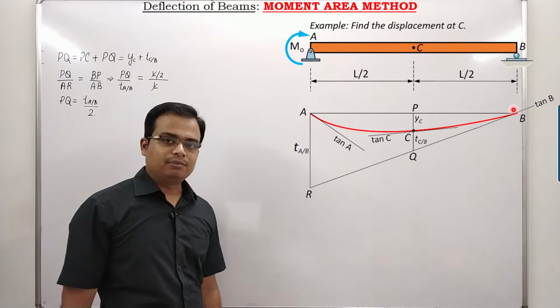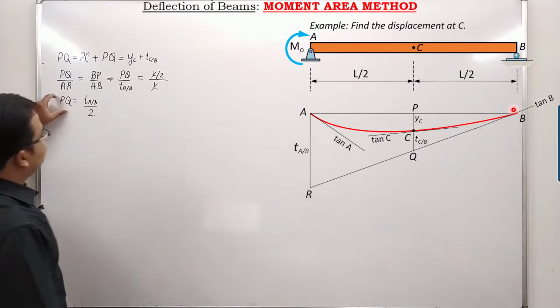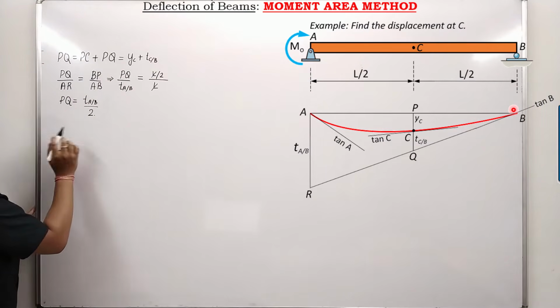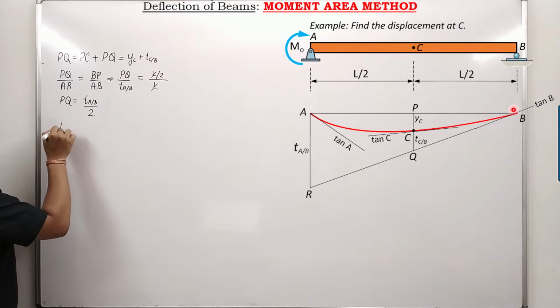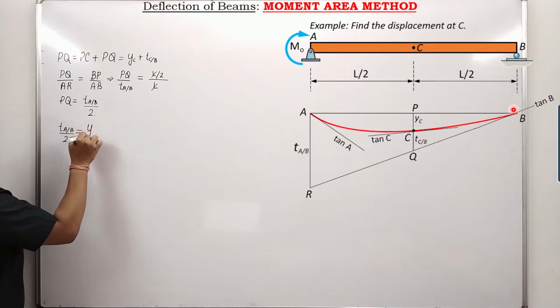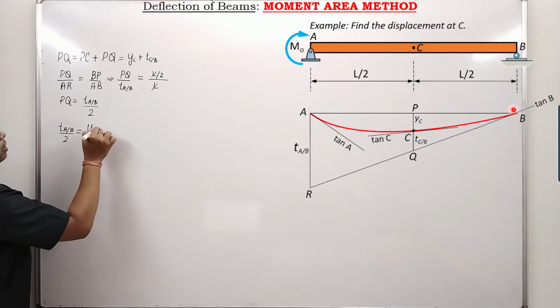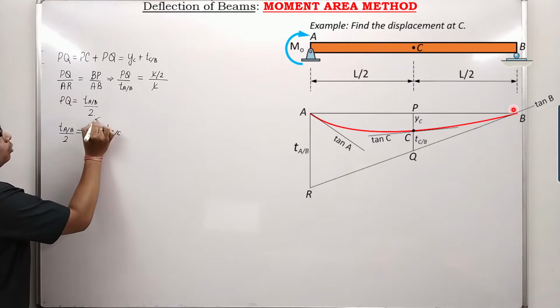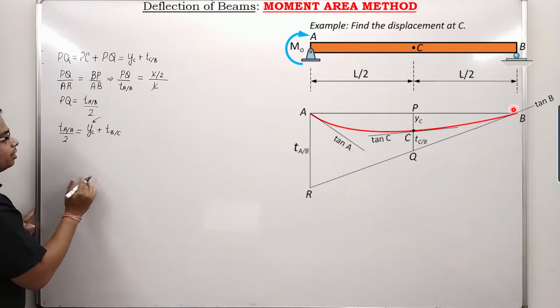Let me frame our final compatibility equation. So let me put the value of PQ from this here. PQ is nothing but TAB by 2, and that's equal to YC, deflection at C, displacement at C, whatever, plus TBC. What you want is this displacement at C. How can you do this?